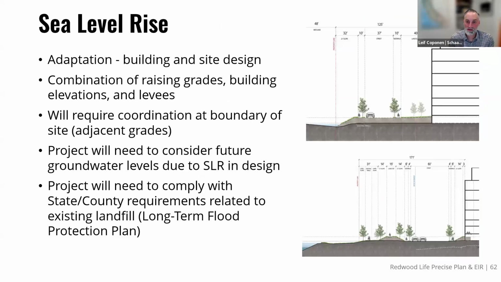We also looked at sea level rise and what the project is proposing. The project is looking at doing a combination of raising existing grades and also raising building elevations. And lastly, looking at including the construction of levees along its frontage to the slough.